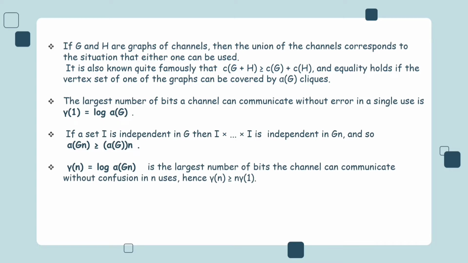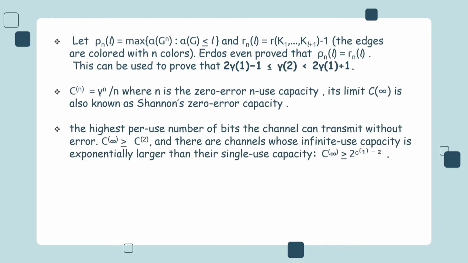Hence, gamma(n) is greater than or equal to n times gamma(1). N(L) equals the maximum of alpha(G^n) where alpha(G) is less than or equal to L, and R_n(L) equals R(K1, K2 up to K_{L+1}) minus 1.